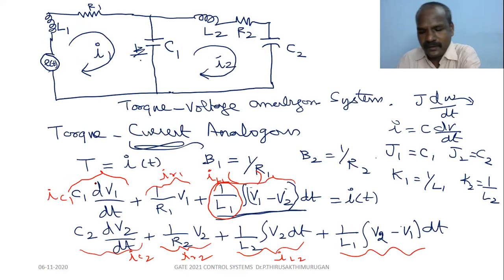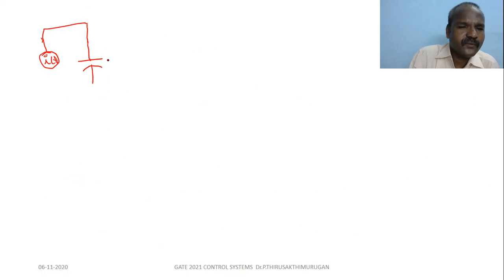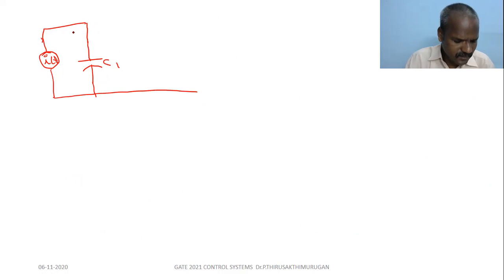So let us draw. I of t is the excitation current force. The I of t is dropped across one capacitor, C1, with C1 dV1 by dt. R1 is also across it, so there are two parallel loops because two voltages are there.